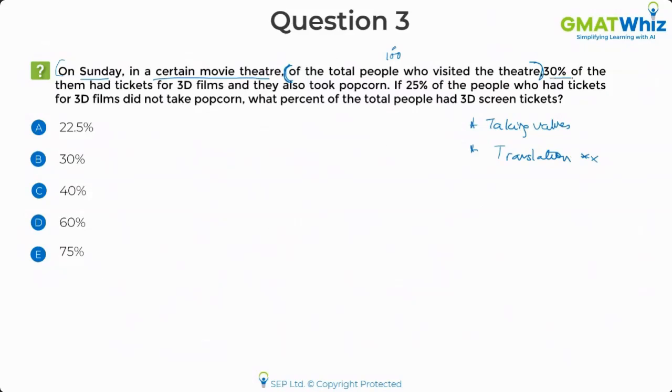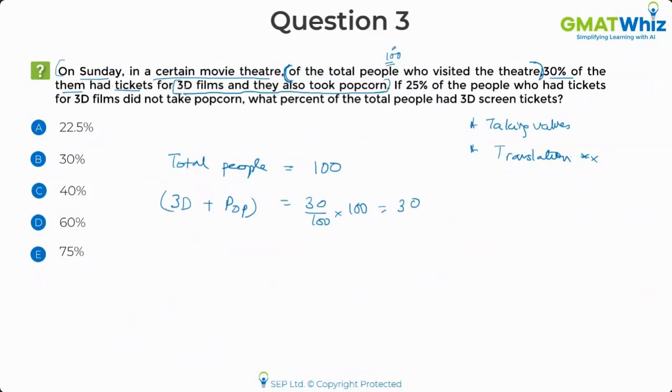Of these people, 30% of these 100 people had tickets for 3D films, and they also took popcorn. So if I take total people who visited the theater as 100, there are 30% people, which is easy to calculate, that is 30 people, who had tickets for a 3D movie and also had popcorn.